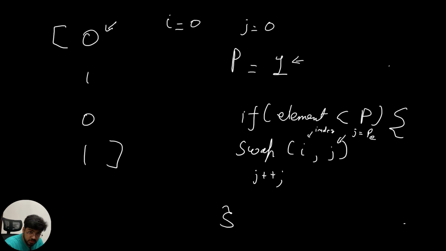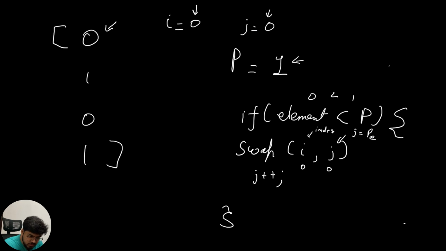Now we have 0. Is 0 less than 1? Yes. So it will go inside this. Now we will swap. What will we swap? We will swap 0 with 0. As you can see, we have 0 and 0 here.